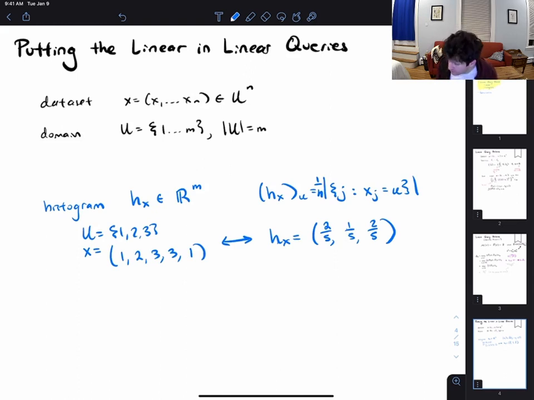Of course, if I have the data set, I can always write the histogram. If I have the histogram and I know n, I can always write the data set up to the order.